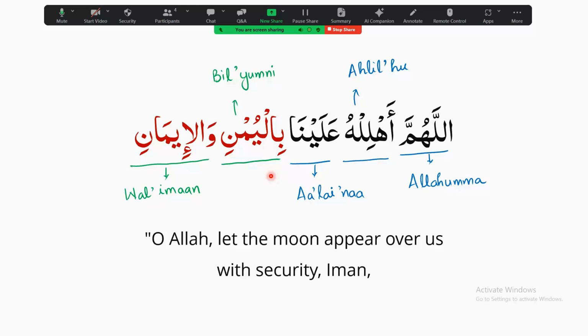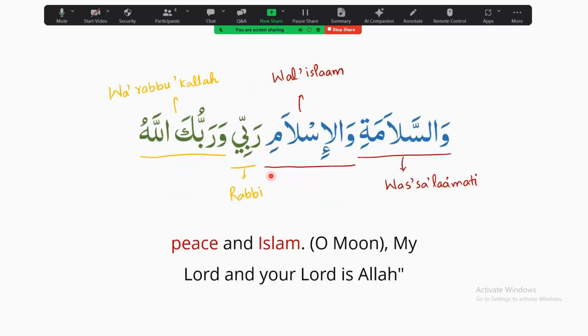The next part says was-salamati wal-islam, with peace and Islam. Was-salamati wal-islam. Rabbi wa rabbukallah. My Lord and your Lord is Allah.